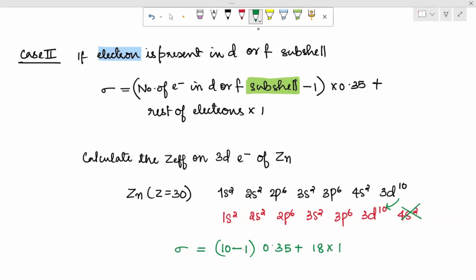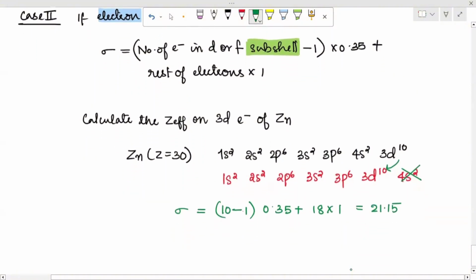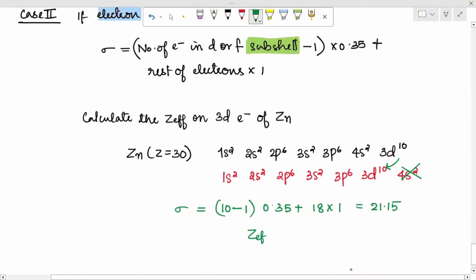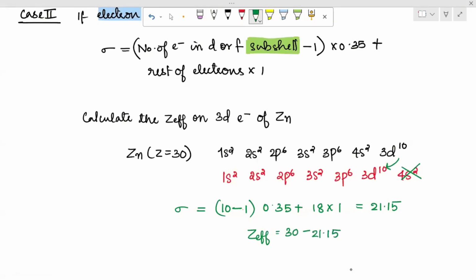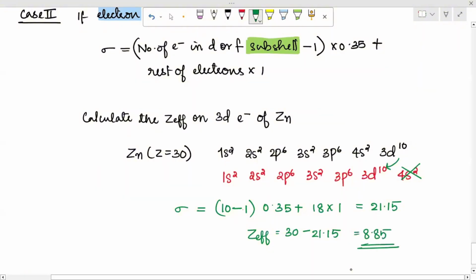So this is equal to 21.15 and Z effective is equal to 30 minus 21.15, which is equal to 8.85 only. So one of the electrons in the 3D can feel only 8.85 units of the strength of the nucleus. Actually, it has got 30 protons, but it can feel only 8.85.